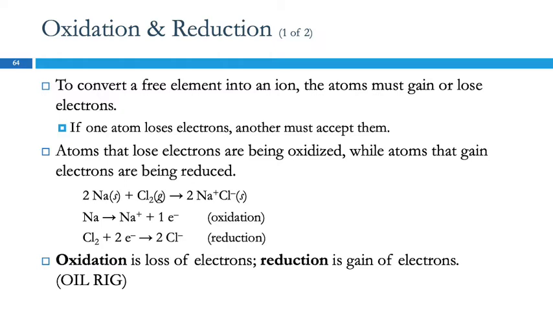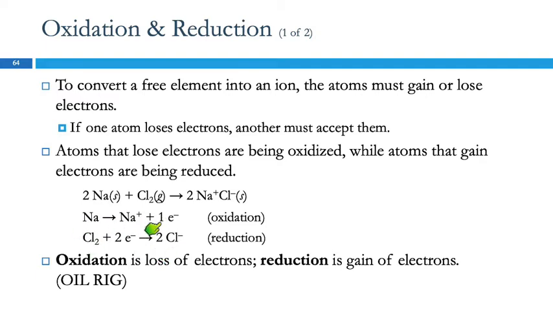So what we're seeing here is that the sodium, to become an Na+ ion, loses an electron. And the chlorine gains an electron. It looks like it's 2 electrons, but it's 2 chlorine atoms, and it makes 2 chloride ions.